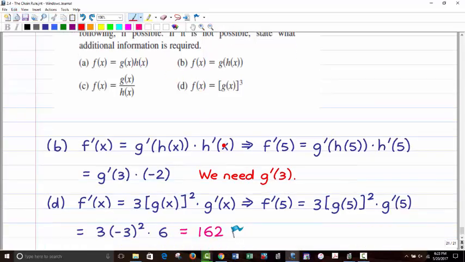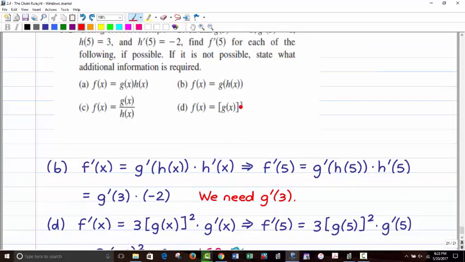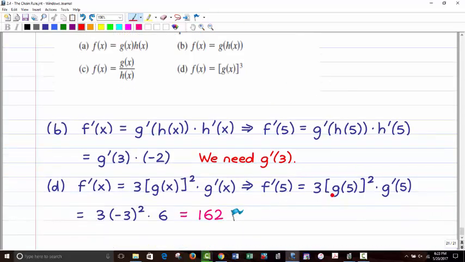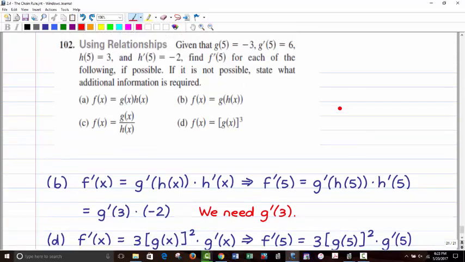The next one is d. So you bring down the 3 exponent, change this to squared, and then the derivative of the inside. That's the general power rule for sure right here. So that means f prime of 5 would be 3 g of 5 squared times g prime of 5. Let's see if we have all the information we need for this one.